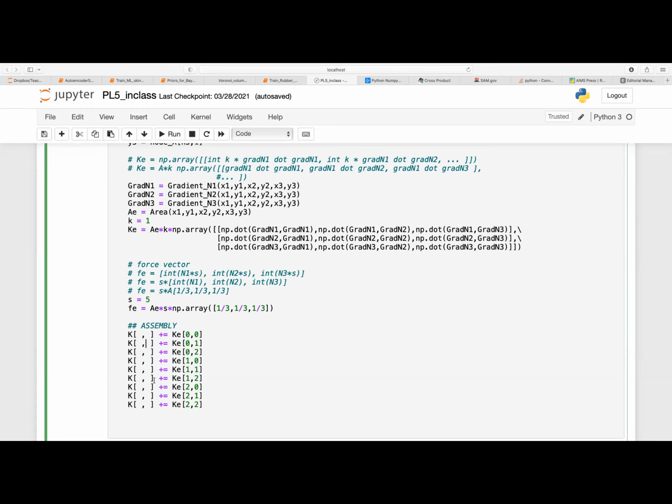Another element is made up of other nodes, so the first entry will go somewhere else. Well, it changes per element. It's stored in the element array.